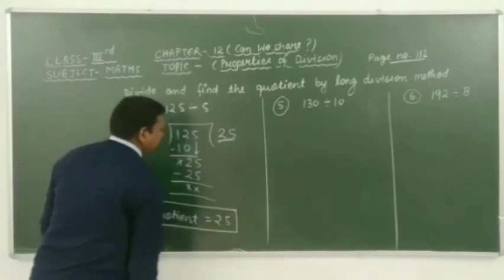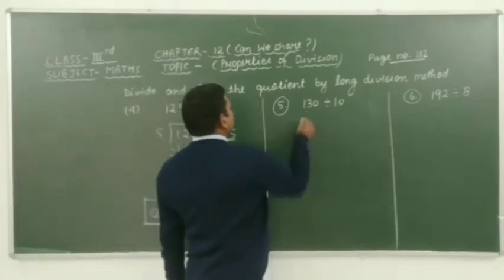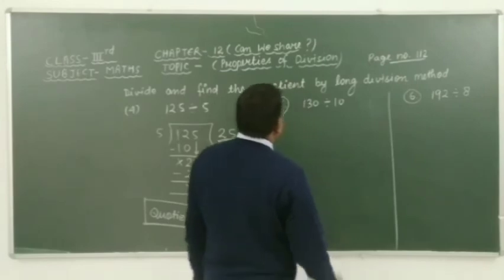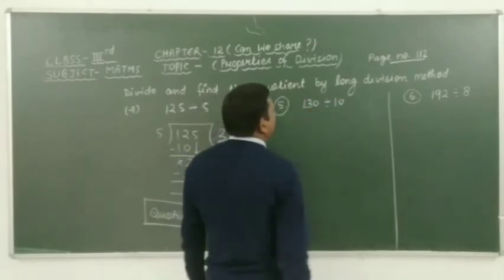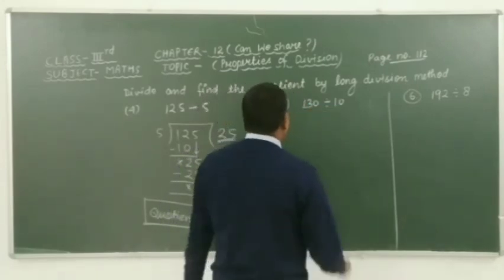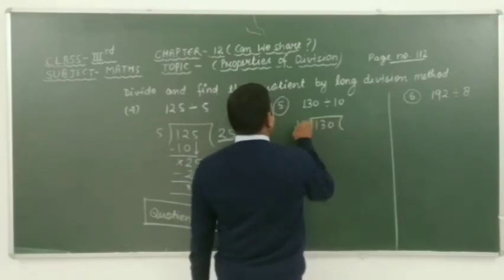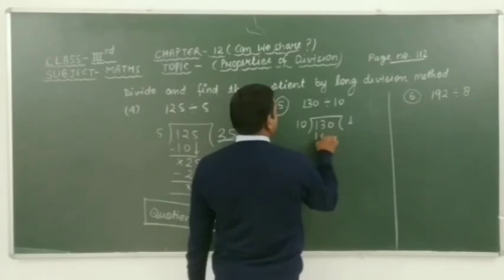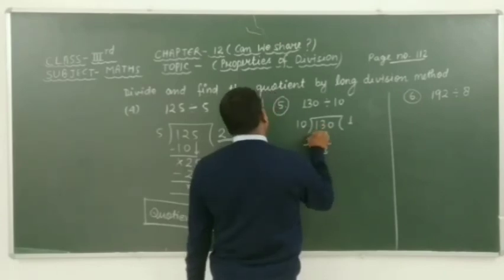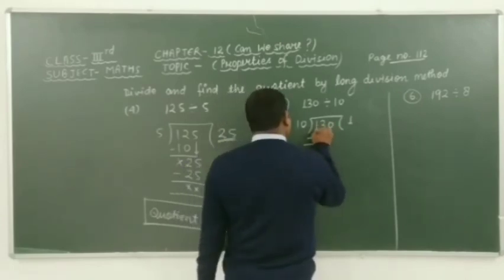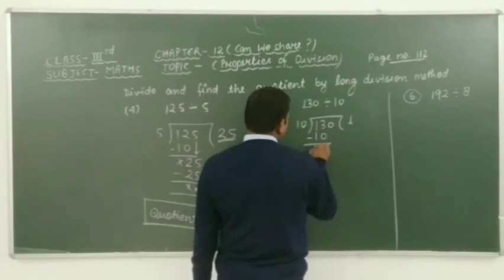Okay, now in this question, it is given 130 divided by 10. Dear friends, firstly we have to take the division of 130 by 10. 10 ones are 10. After subtracting this, 3 minus 0 is 3. 1 minus 1 is 0. 1 minus 1 is 0, so cancel out.